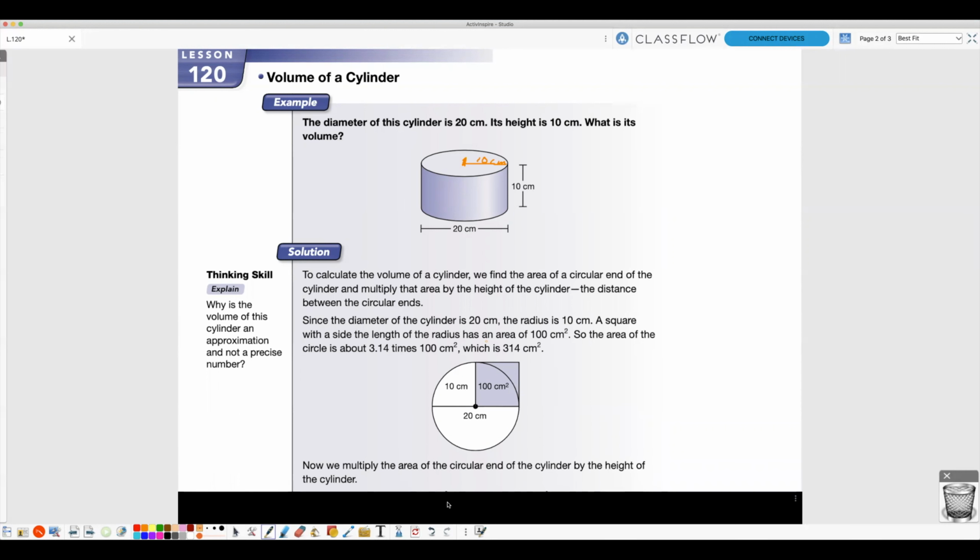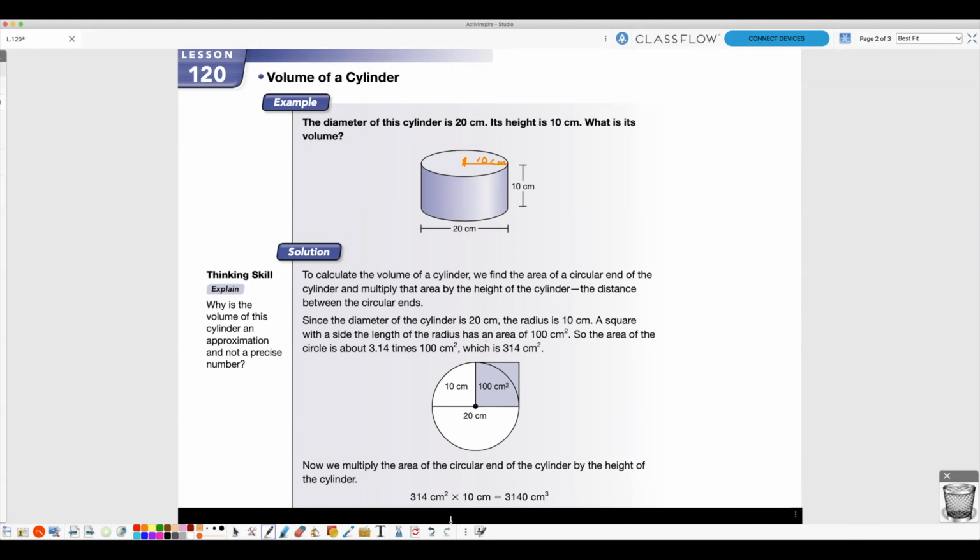Now we multiply the area of the circular end of the cylinder by the height of the cylinder. So 314 square centimeters times 10 centimeters equals 3,140 cubic centimeters. Notice that it's now cubic because you've got the centimeters squared times 1 centimeter, or centimeter to the first. You end up adding those exponents together.